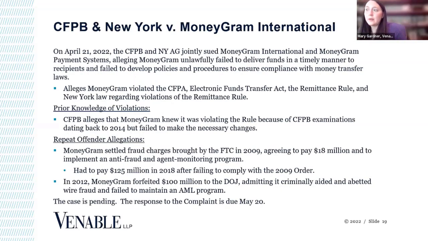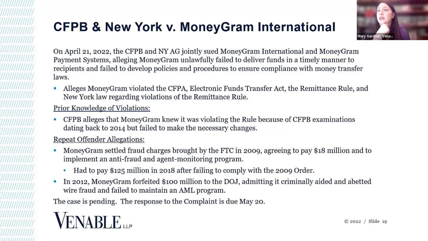Now, the MoneyGram case, which is currently pending, the response to the complaint is actually due tomorrow, is a joint enforcement effort between the CFPB and the New York Attorney General. And MoneyGram is a fund transfer business. So not a payment processor, but within the non-banking financial space.